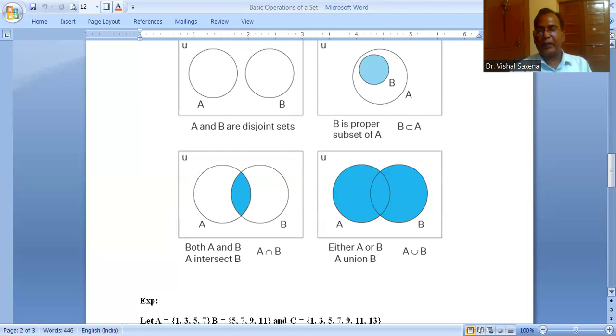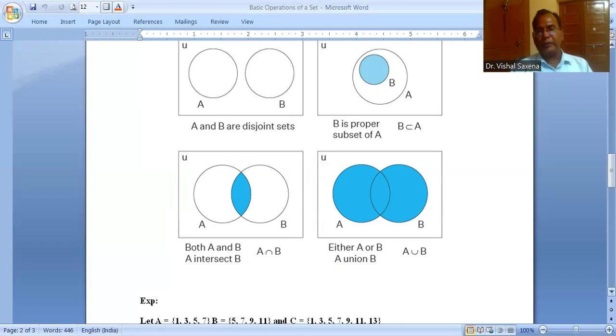The next and the last Venn diagram is showing the union operation. Union operation means A union B. A union B means it is a set consisting of all the elements of A and all the elements of B. We have already discussed this in the mathematical definition.